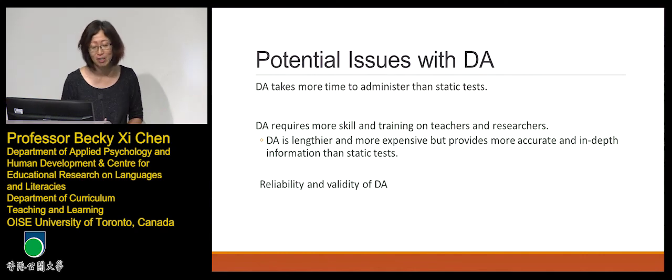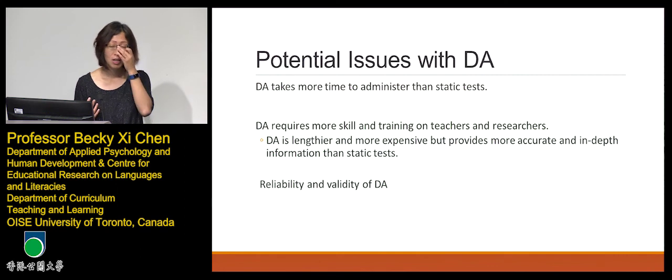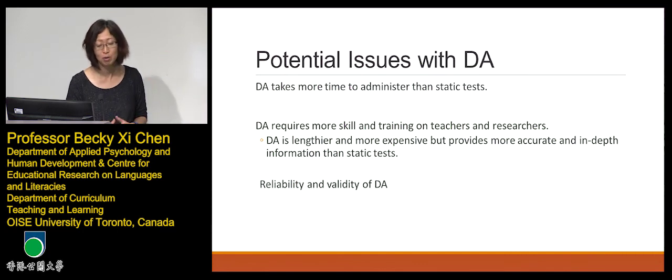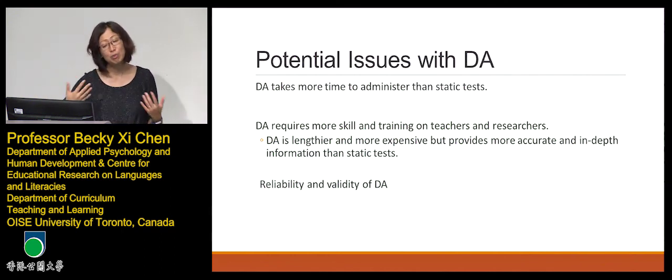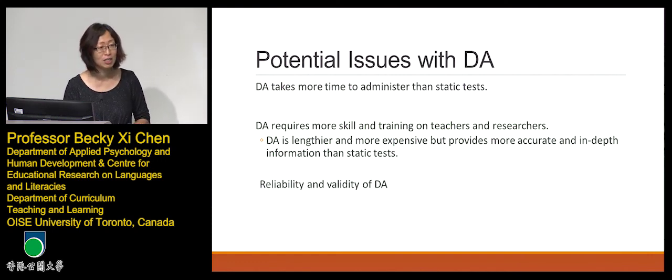I don't know if you have a statistical background. In research, when we give a measure, we also calculate the reliability of the measure to see how reliable it is. It's a pretty standard procedure. But with dynamic assessment, with all the prompts, it's more difficult to calculate reliability.